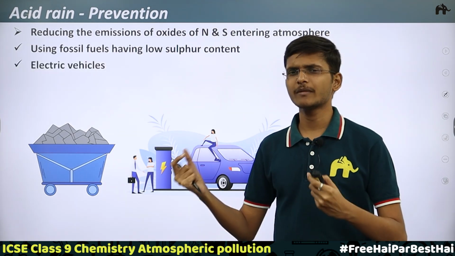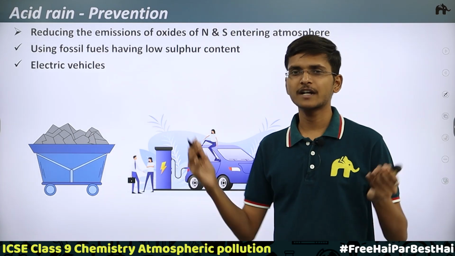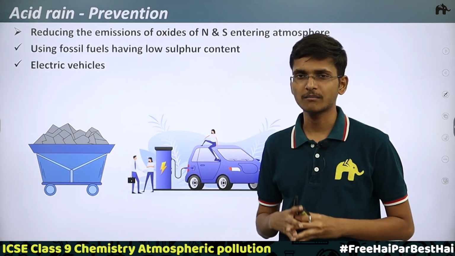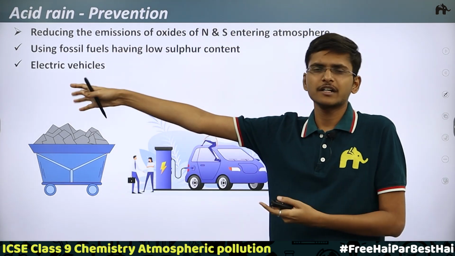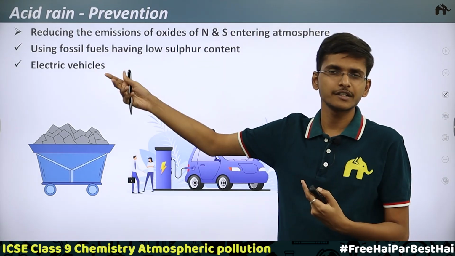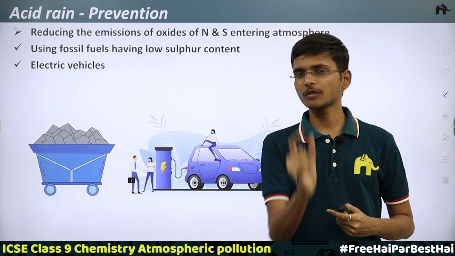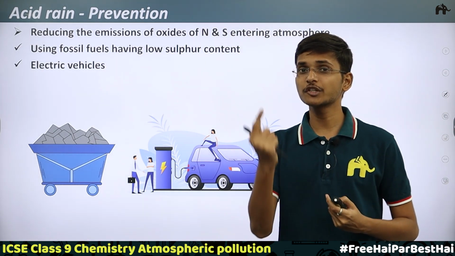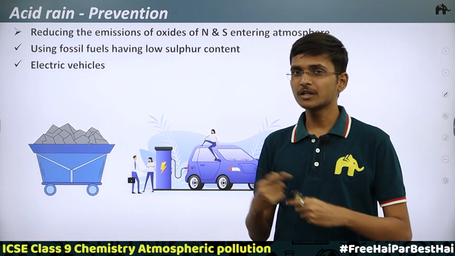Second thing is, the automobile engines are responsible because they generate such high temperatures at which nitrogen and oxygen combine to form nitric oxide, which in turn gets converted into nitrogen dioxide, and then again, as we all know, into nitric acid by reacting with water. So if we cut the formation of nitric oxide by switching to electric vehicles, that would help. The automobile engines are burning fossil fuels.